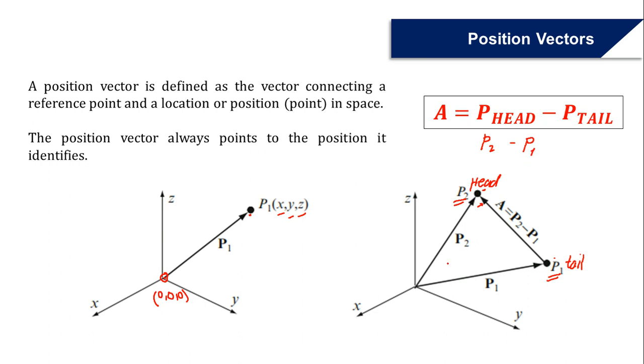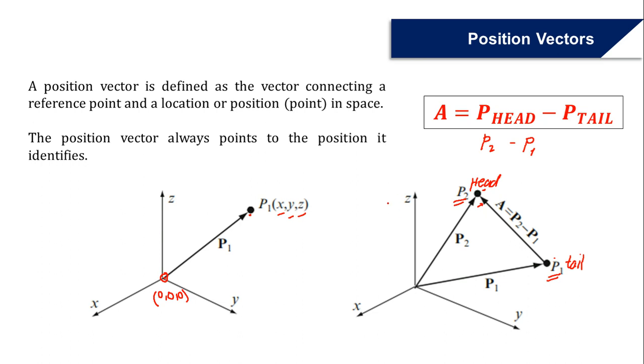Okay? So, yan yung gamit ng mga position vectors. We can now represent a vector in 2 different points in a space coordinate system, specifically in Cartesian, using points and using position vectors. Mas madali siya.